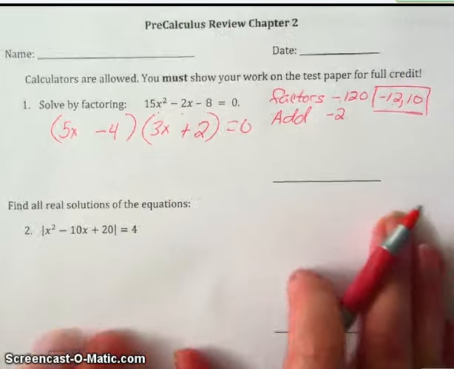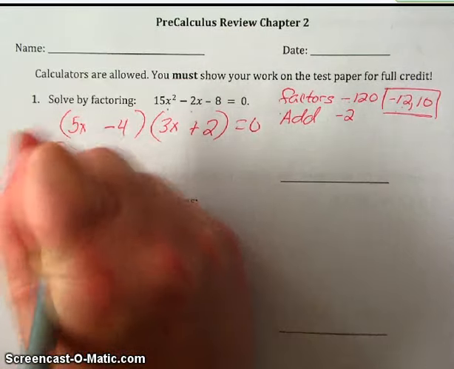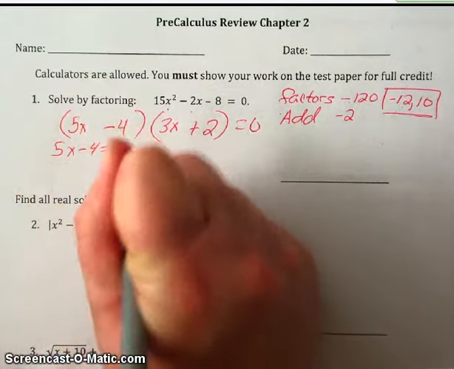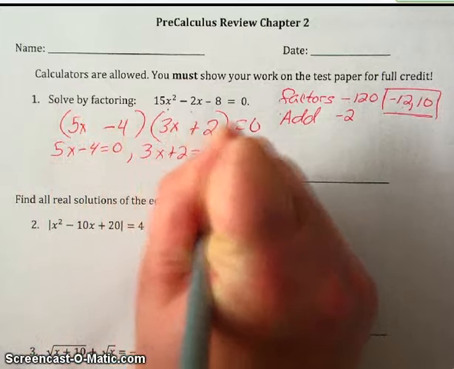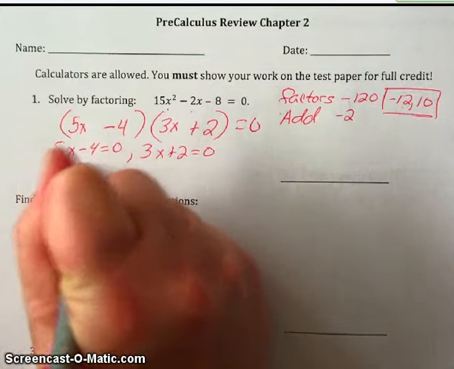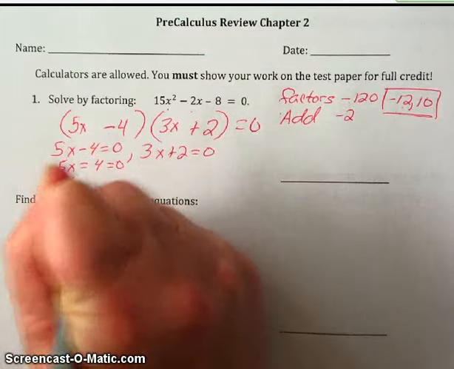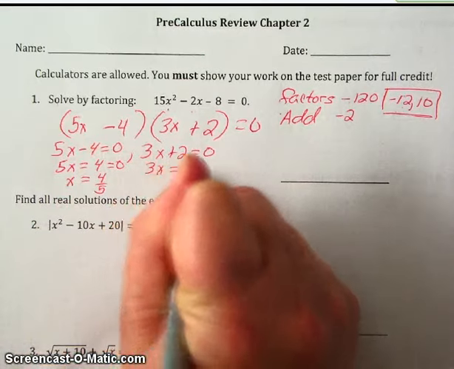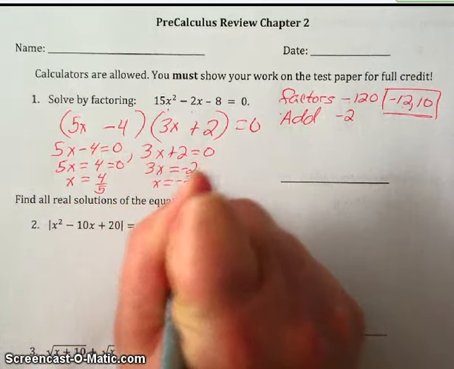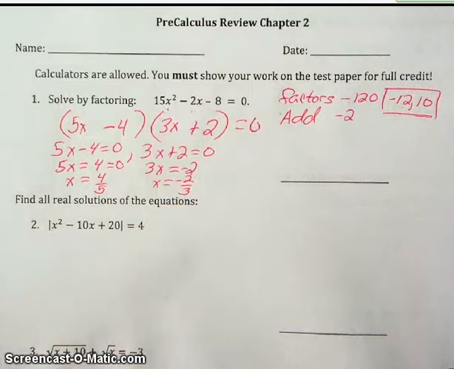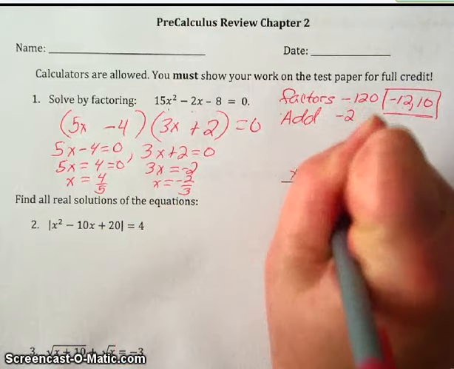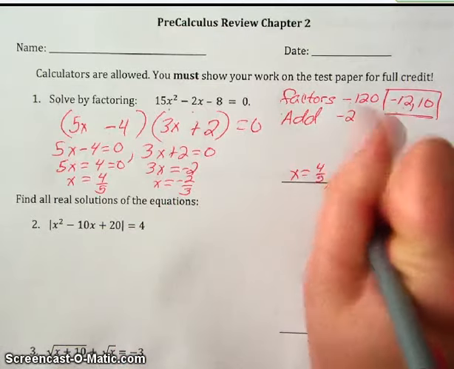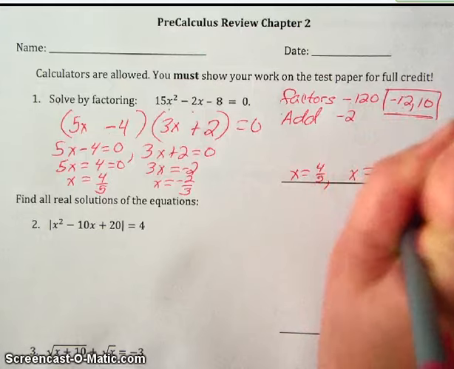Now that I've got my factors, I'm going to set both factors equal to 0 and then solve both equations. Okay, so this has two solutions, 4/5 and negative 2/3.